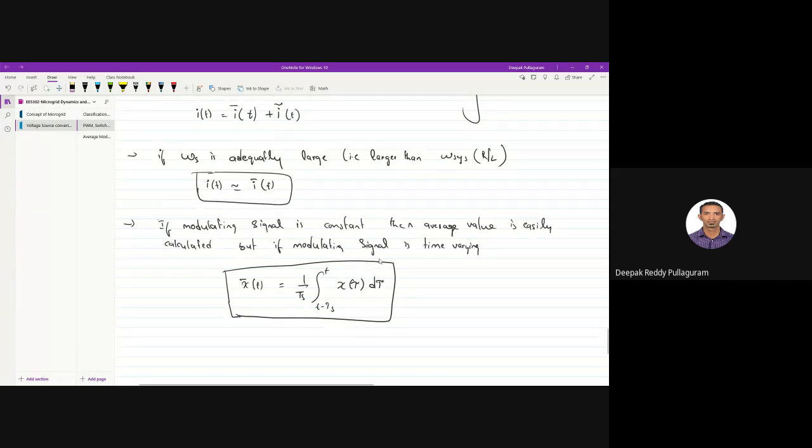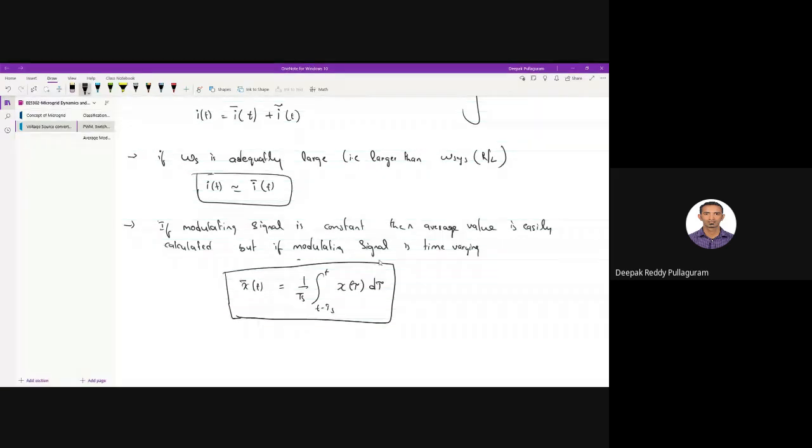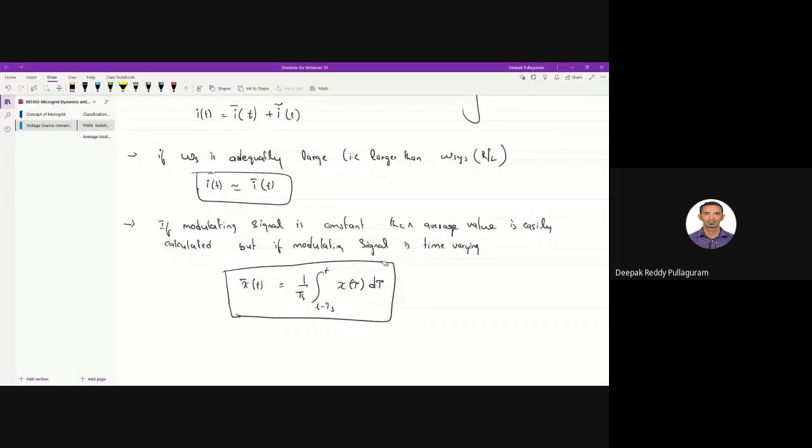And why I'm saying this is because the modulating signal we generically use in sinusoidal PWM is a sine wave, which is time varying. You all agree on that, right? Yes, sir, in sinusoidal PWM we use a sine wave. So the switching instance, the switching on time and off time, will not be a constant value. Rather, it varies.